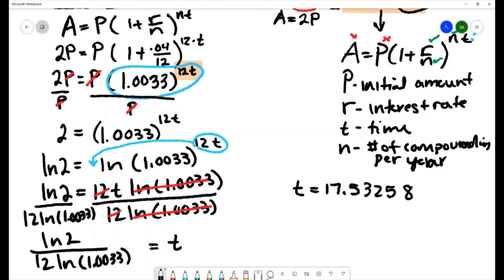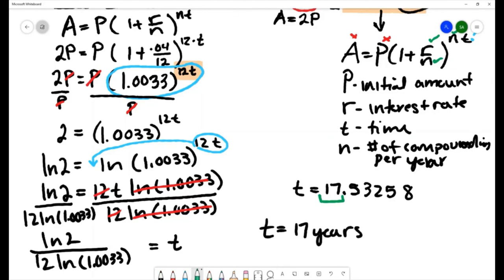We did this problem in terms of years, so this 17.53258 represents years. If we take the part in front of the decimal, that's going to be the years: 17 years. And then we need to figure out the months.